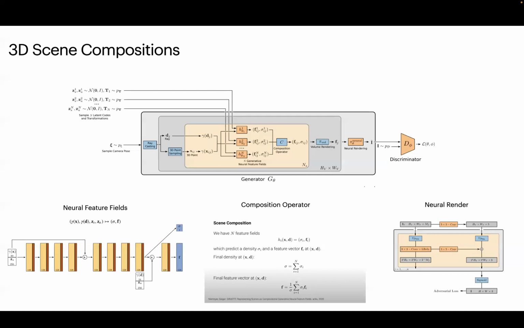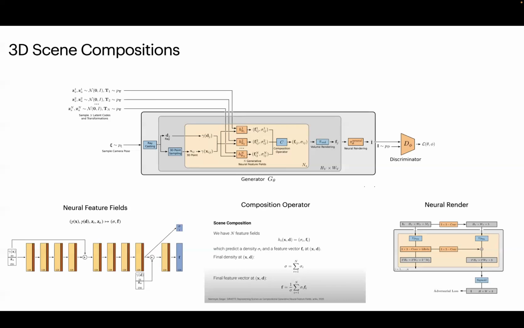And then in each neural feature field, they have one density and one feature vector. They have to figure out a way to combine them together, go through the volume rendering, and generate a real photo. So I think they have a simple operator here called the composition operator.